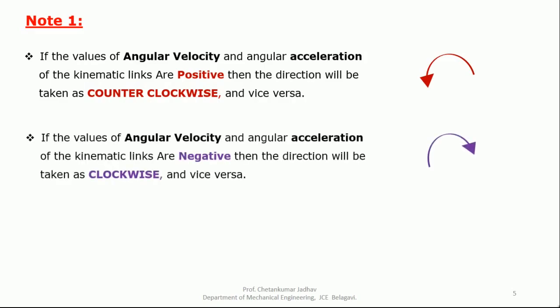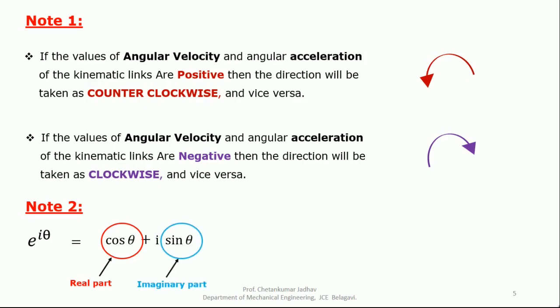Similarly, if the values are negative, then the direction will be taken as clockwise. Note 2: we can write e to the power i theta as cos theta plus i sin theta, where cos theta is the real part and sin theta is the imaginary part.